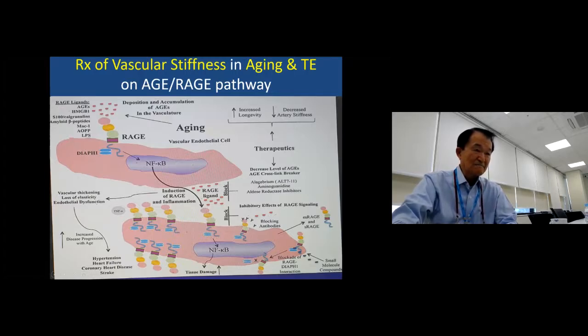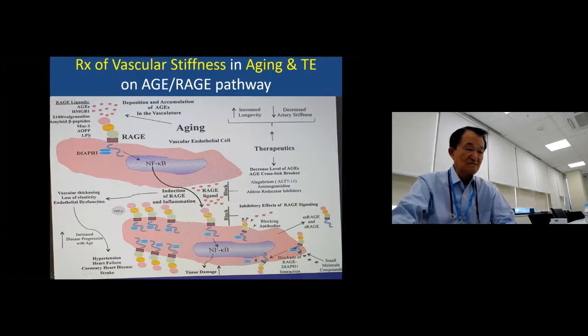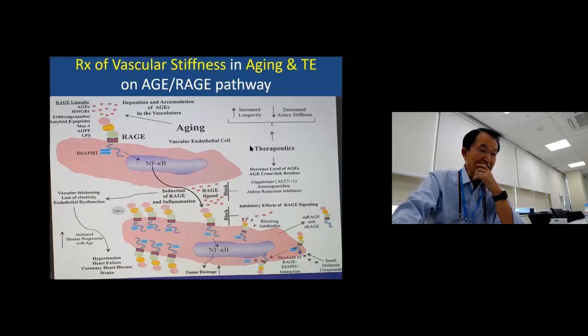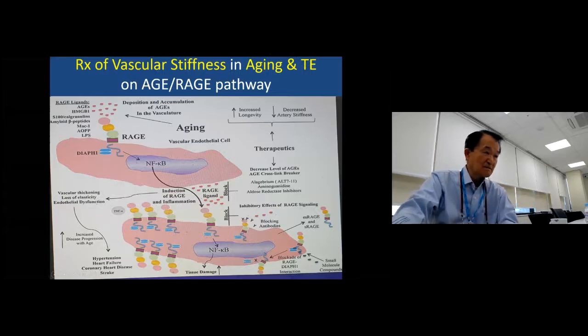And so if we decrease all these contributing factors, that will make less arterial stiffness and longer survival.